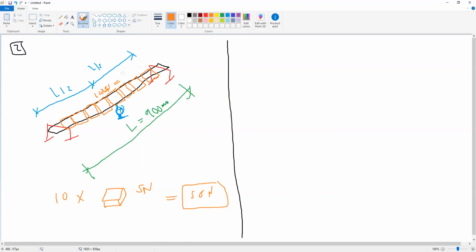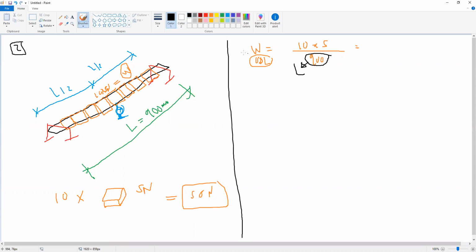So how can we find the value of W, or the magnitude of W? W here is the uniform distributed load. To find this value, we have 10 weights. Each weight is 5 Newton. So this is the equivalent concentrated load, and we distribute this over the length, which is L. Because the value of W is not given, you need to know it yourself.